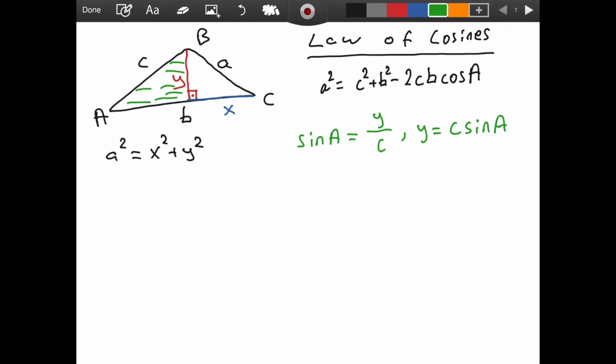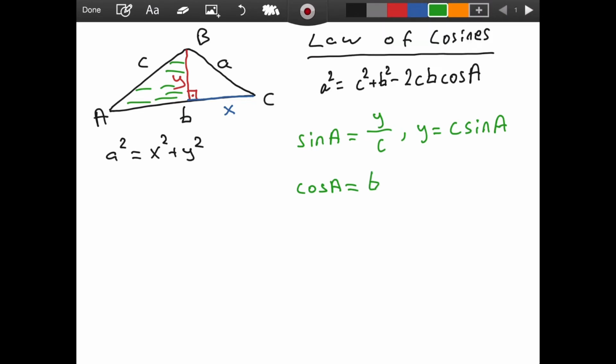So, if this time we consider cosine of A, this will be by definition adjacent over hypotenuse. So what is the adjacent side? Well, the adjacent side is this part, right? The one in orange. Well, what is it? It is what is left of b when we subtract x.